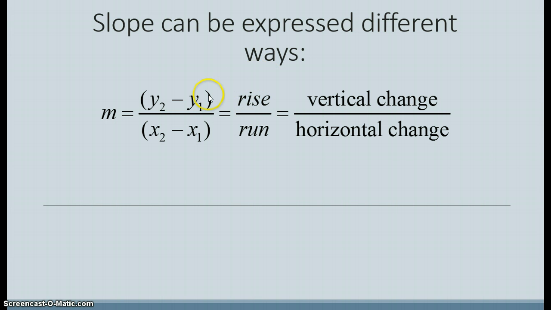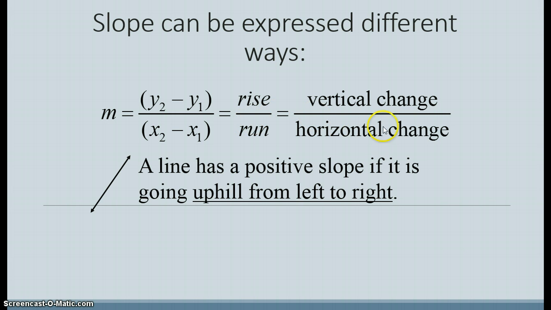How do we calculate the rise and how do we calculate the run? First of all, let me tell you that the rise is the vertical change, which means the change in places or displacement in the vertical axis, which is the y, and the run is the horizontal change, which is the x-axis.